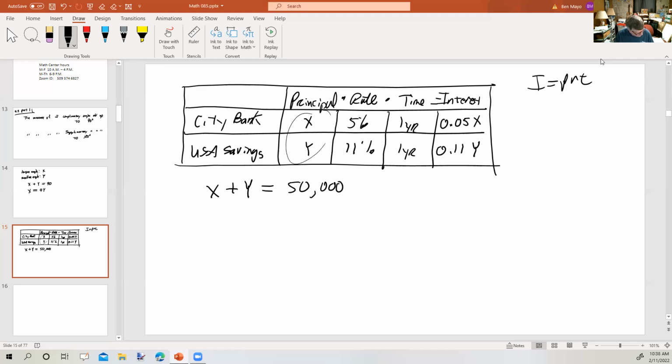Use this information to write an equation about the interest. So this plus that would equal 4,300. Once again, there's your two equations with two unknowns. Any questions about that one? Nope. All righty.